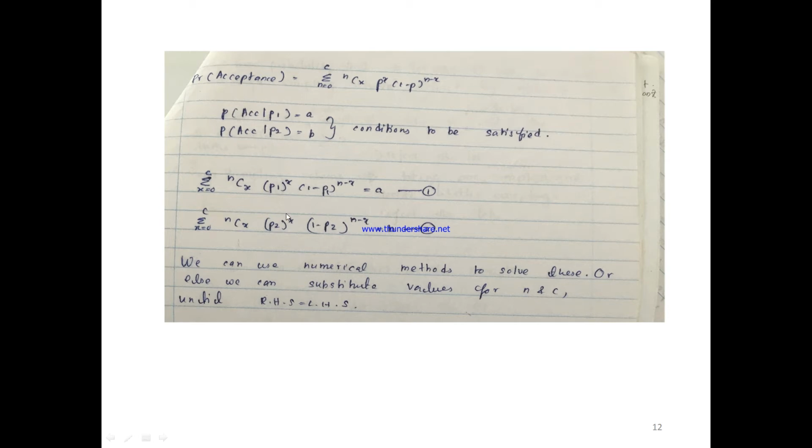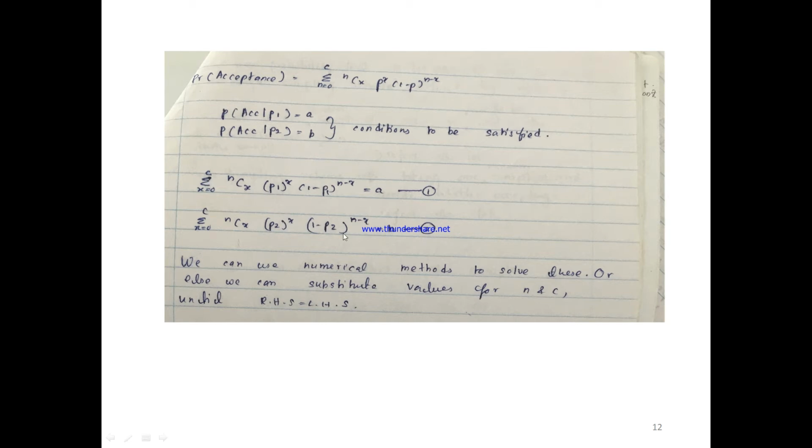And this probability of acceptance, we know the value, that is A. I can do the same thing for the second one, where the n value and c value are unknown. So you take the p value as P2: P2 to the power x (1 minus P2) to the power n minus x, and this probability we know is equal to B. So there are two unknowns, n value and c value.